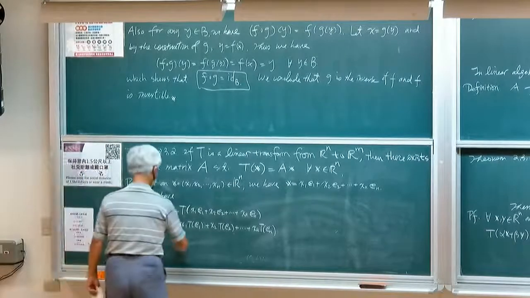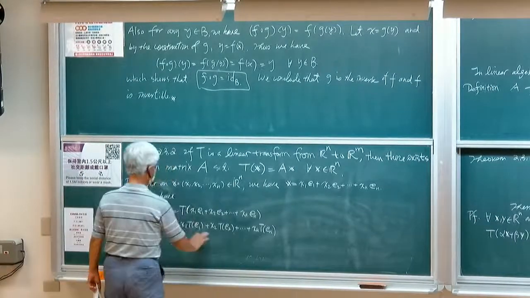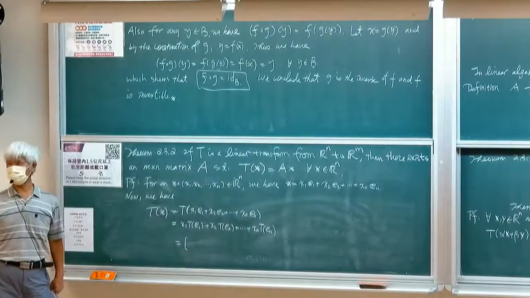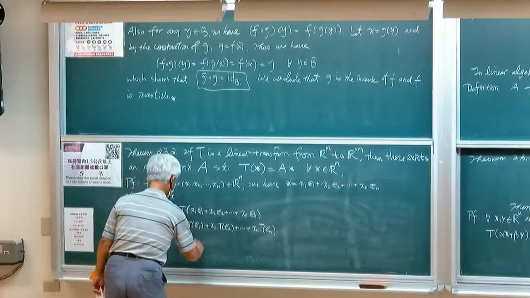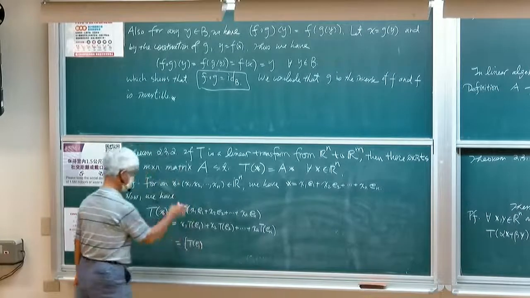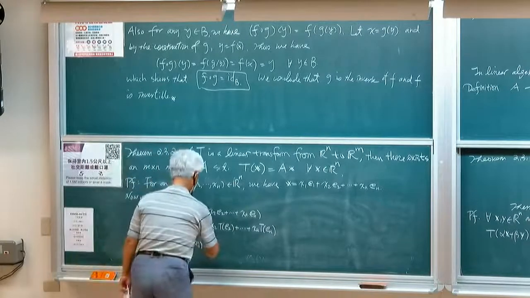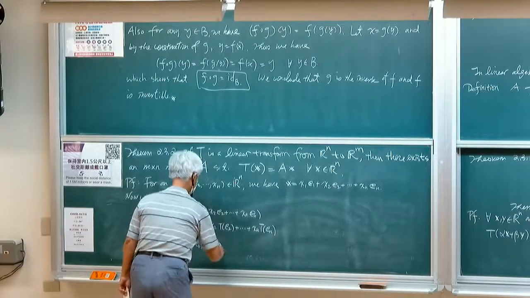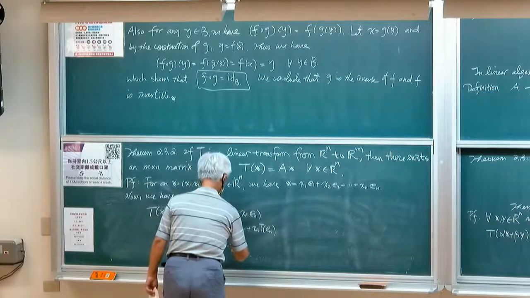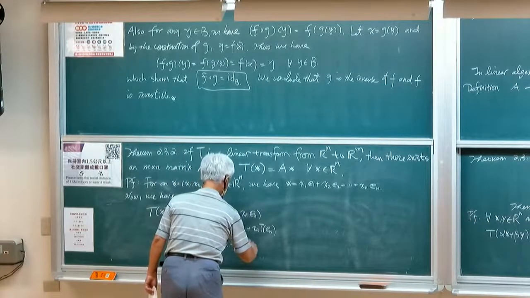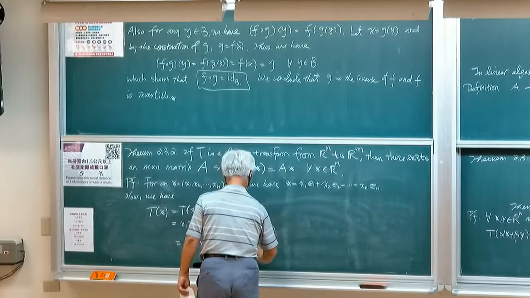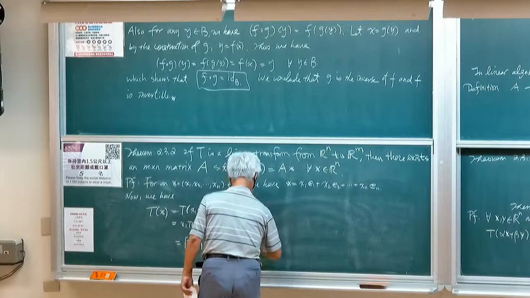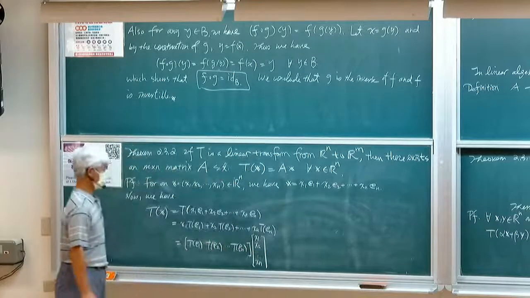All right, and we can put this linear combination into matrix multiplication. So this is T e1 as the first column, T e2 as the second column, etc., up to T en as the nth column, multiplied with x.